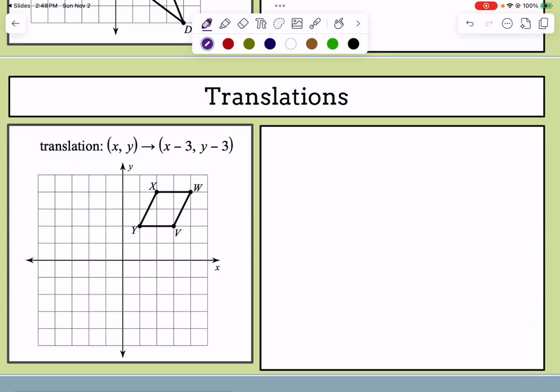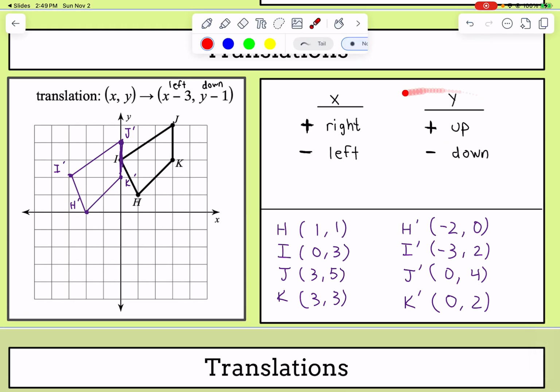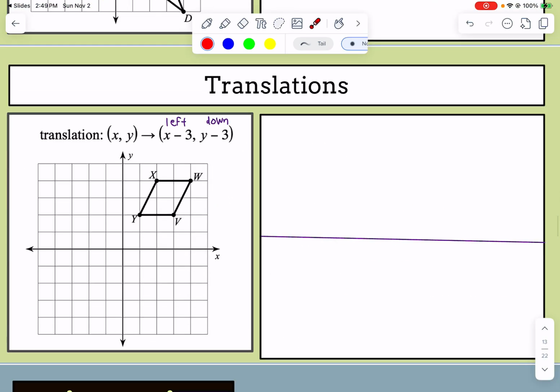Okay, so I'm going to show this problem both ways. First way, I know that x minus 3 means left 3. And I know that y minus 3 means down 3. If you don't remember why, we have our examples up here. So I can just take all 4 of these points and go left 3 and down 3.